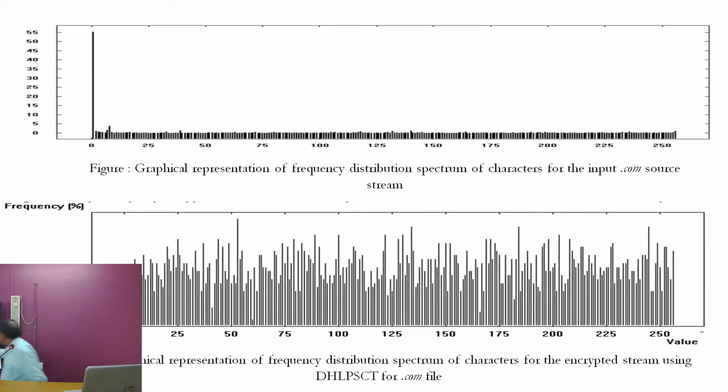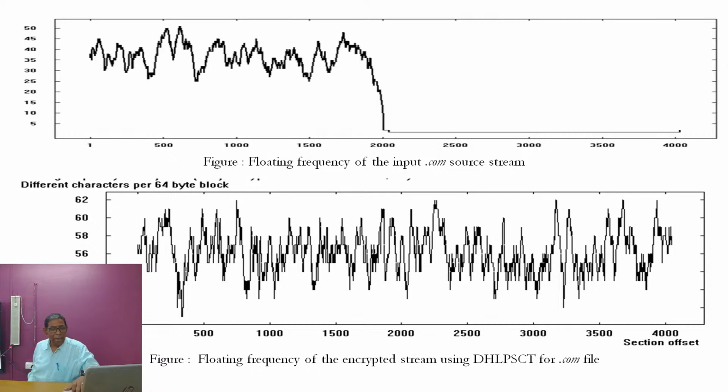Yeah, you see this is your frequency distribution. Again, this is your floating frequency. You see how the floating frequencies are decorrelated from here. This is a bias: mostly the values are here and here, but in the entire region the values are completely different.